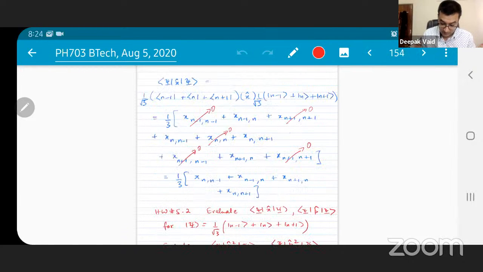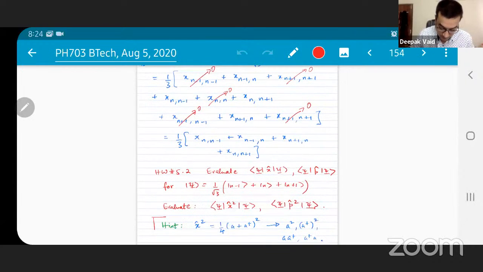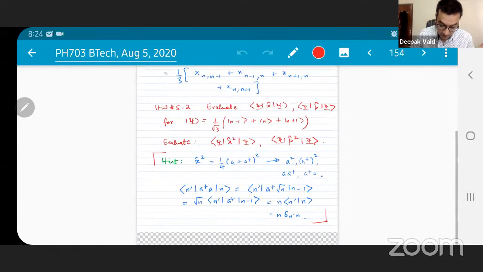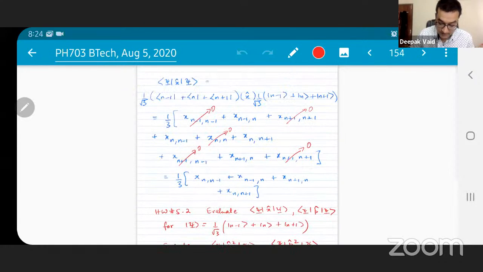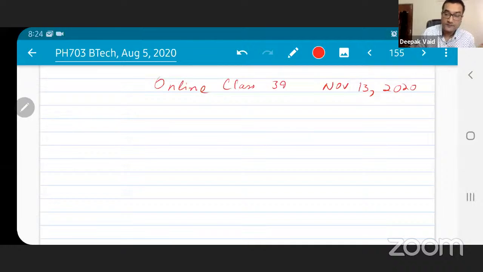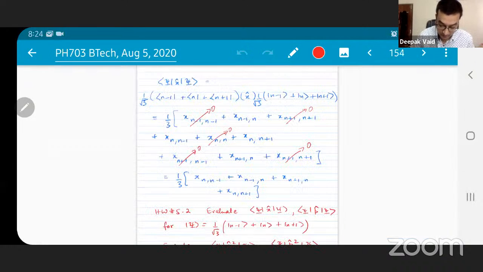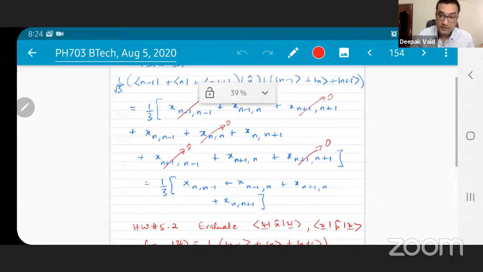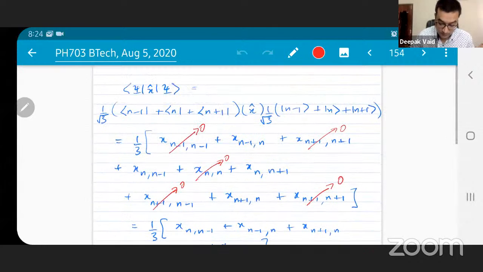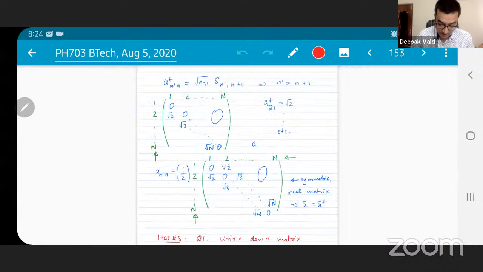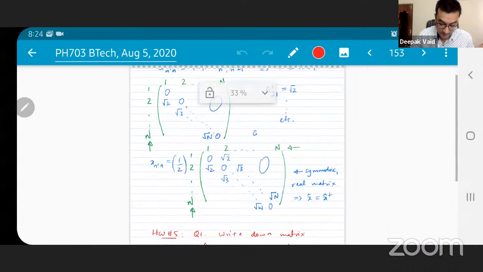Okay. So in the previous two classes, in yesterday's class, we talked about how to evaluate these various matrix elements. We saw that, for example, if you look at the position operator and the momentum operator, their matrix elements are off diagonal.